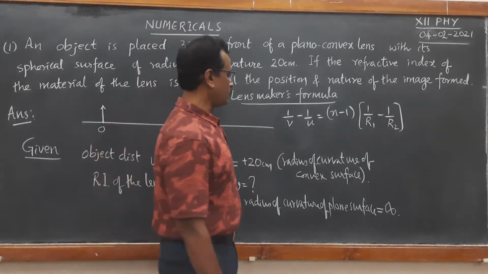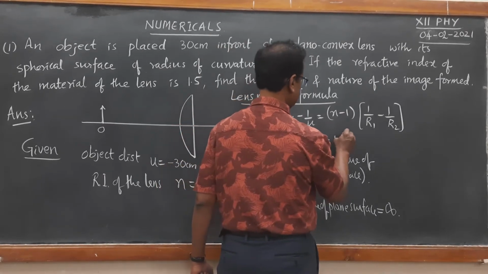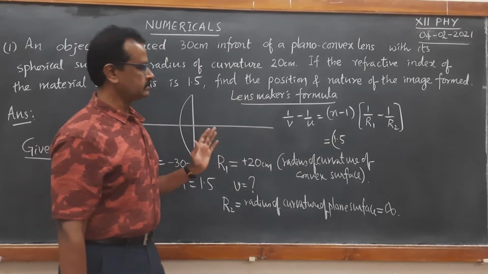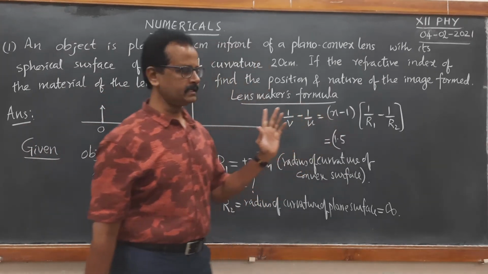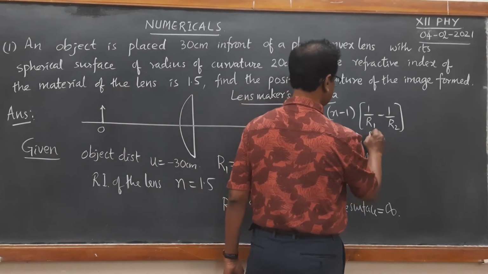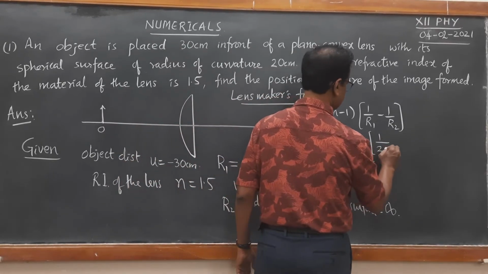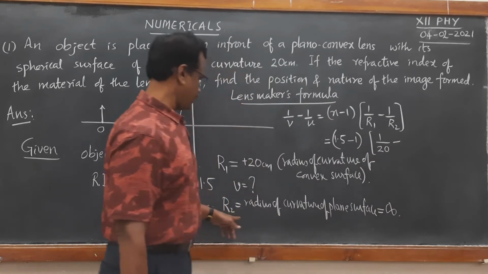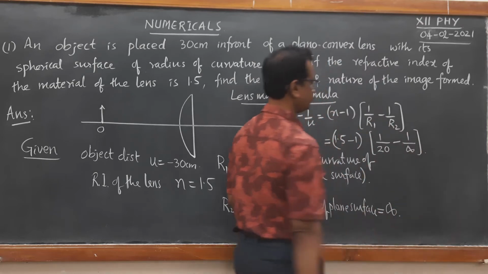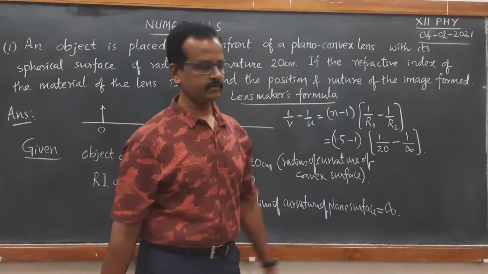Now in this, n is equal to 1.5. This is the case when the lens is surrounded by air, so we assume that it is placed in the air. (1.5 − 1) into 1/R1, which is 1/20, minus 1/R2, that is 1/infinity. So the second term, 1/infinity, becomes 0.